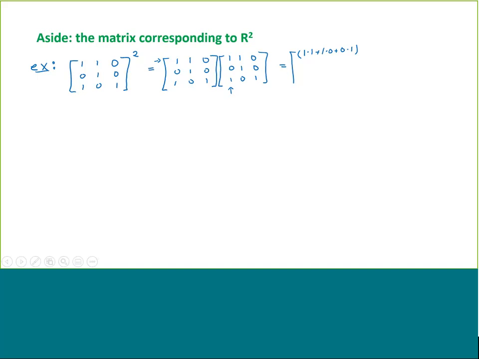So for example, if we look at this second one, so now first row, but second column, what happens? We'll have 1 times 1, which gives us 1. We'll have 1 times 1, which gives us another 1. And then lastly, we have 0 times 0, which will give us 0.